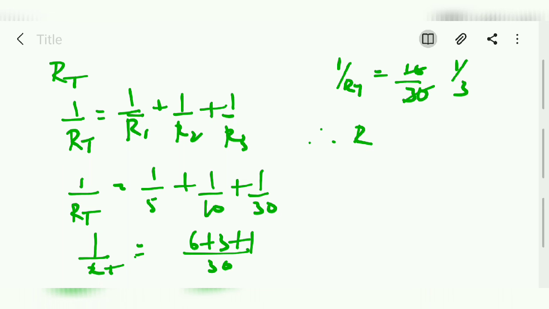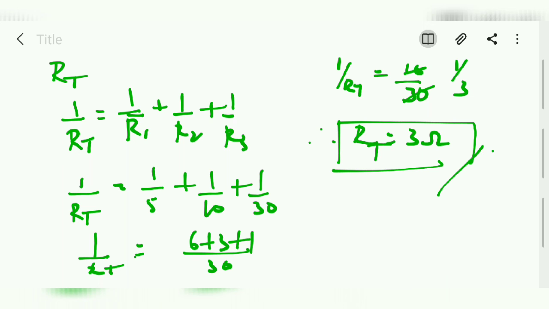Therefore the total resistance is 3 ohms. It's just vice versa, right? 1 by RT is equal to 1 by 3, so RT is equal to 3 ohms. Easy, guys. So this is an example of the problems related to parallel connection.